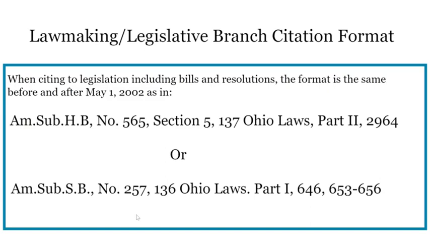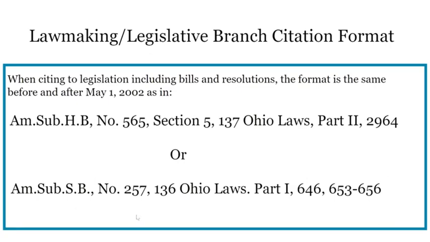Okay, so when citing to legislation, including bills and resolutions, the format is the same before and after May 1st, 2002. As in those examples there, as indicated on the screen, correct citation format requires specifying the applicable bill section numbers, and page numbers from Laws of Ohio, the official source.